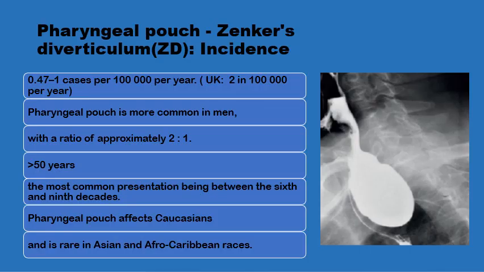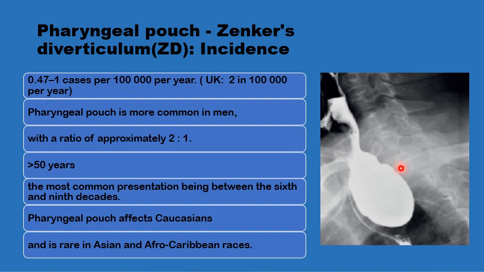Pharyngeal pouches are not common, with a rate of less than 1 new case per 100,000 population in a year. The UK figures are almost double that, at a rate of 2 new cases in every 100,000 population per year. They affect men more, with a ratio of 2 to 1 males to females.